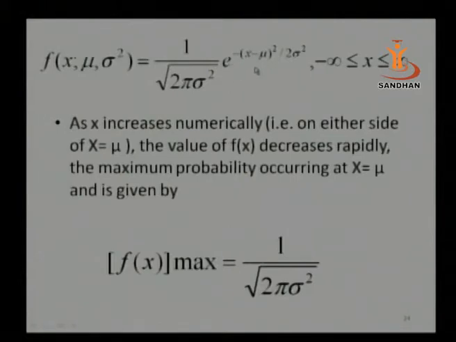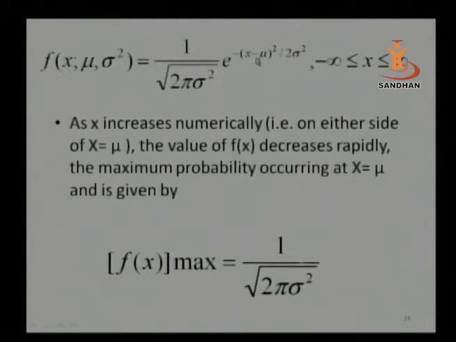Now e raised to 0 becomes 1, and the PDF at maximum is nothing but 1 upon root 2 pi sigma, or you can say 1 upon sigma into root 2 pi, if you take the sigma square out of the square root, it becomes sigma. It is quite obvious.